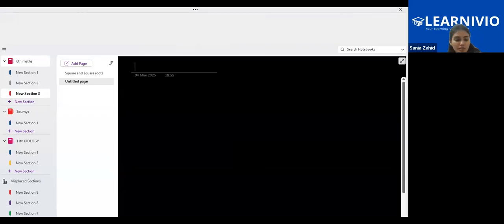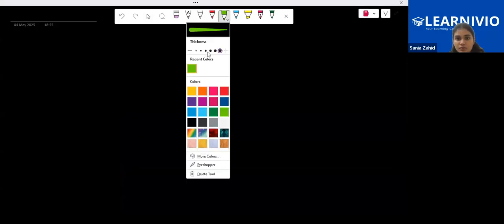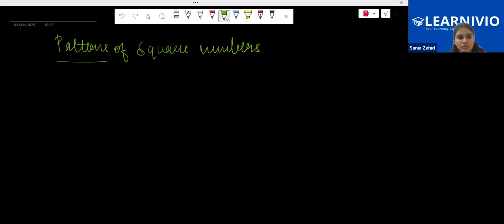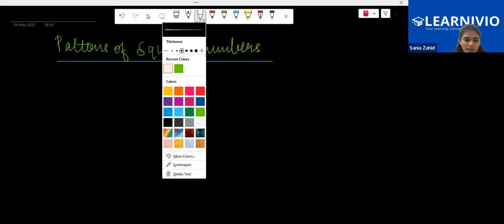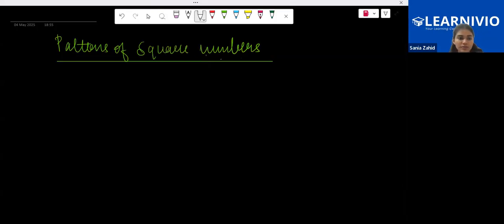Okay, so children, please look here. Today we shall start with the patterns of square numbers. So look carefully, what is the first pattern that we have? It says adding odd numbers.